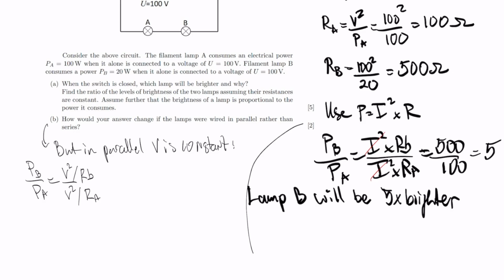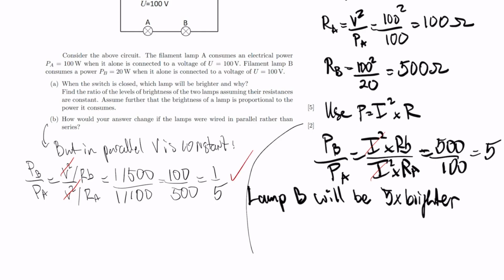Okay, so this here, the voltage will cancel out because it's just going to be constant if they are in parallel. So we're going to get 1 over 500 over 1 over 100. So this here will give me 100 over 500, which is just going to be 1 over 5.